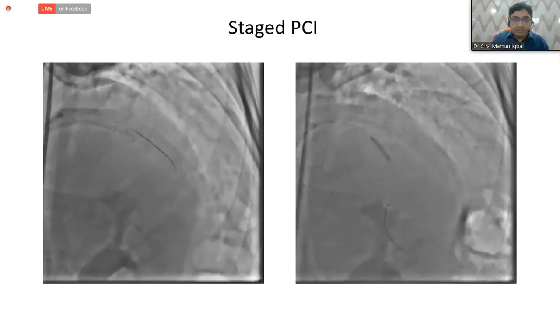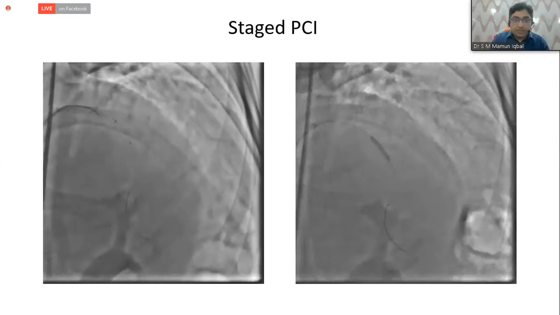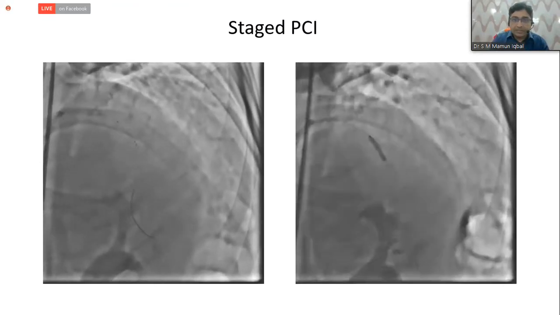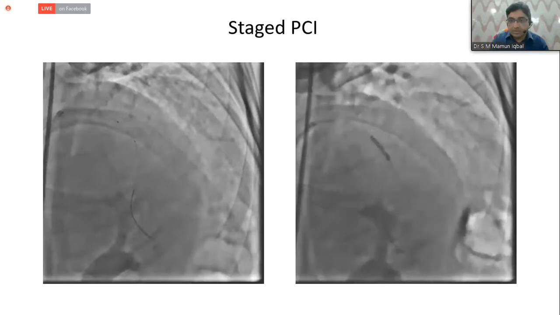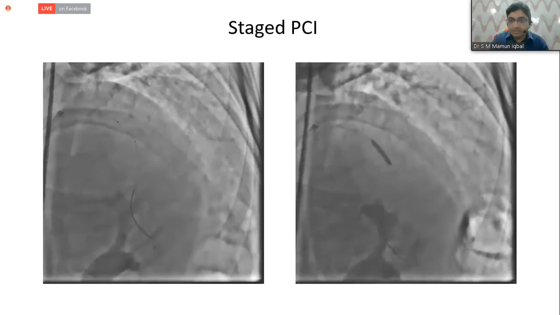Then the whole system from the diagonal was taken out, keeping the balloon in the LAD. We inflated the balloon and did the first crush. The balloon was a 3 into 15 millimeter balloon in the LAD, inflated at 16 atmosphere.